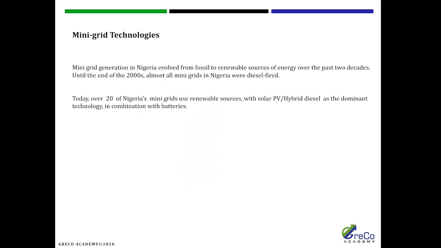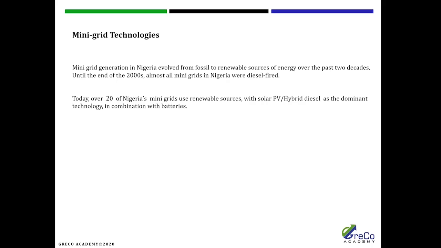Next slide. Let's talk about the technologies that exist under the mini-grid. A mini-grid can either be a solar photovoltaic technology.